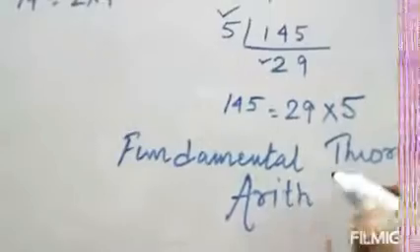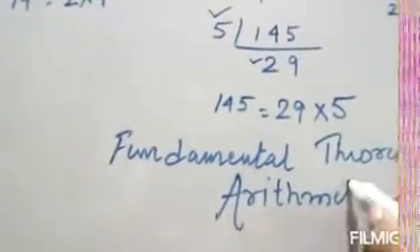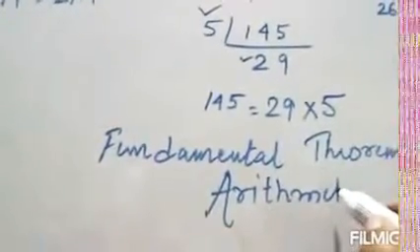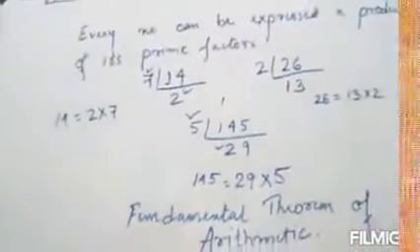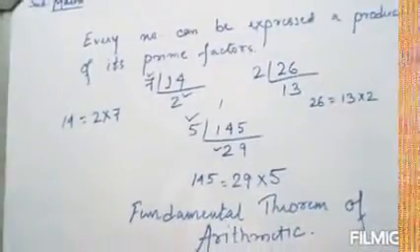It's very easy. Those who fear maths, for them it's very easy. There's nothing to be afraid of in maths. Okay, it's very easy. This is known as the fundamental theorem of arithmetic.